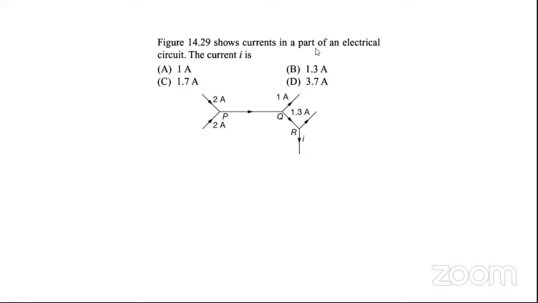This figure shows currents in a part of an electrical circuit. The current I is, this I you have to find, and the different currents in different branches are given. This 1.3 ampere is for this branch.